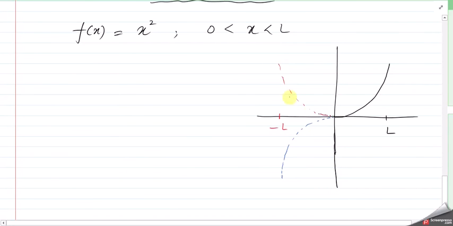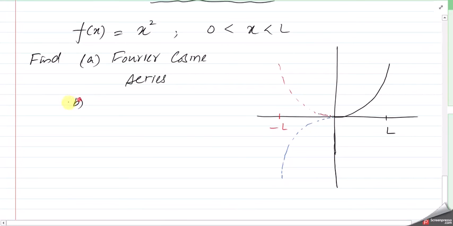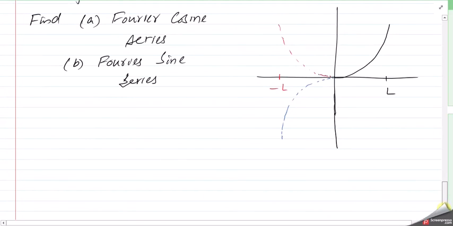This one is an even function, and this one an odd function. Okay? So generally the question on this type of functions is asked like this: find A, Fourier cosine series, and B, Fourier sine series. Both are possible. For this function, both are possible. Okay.